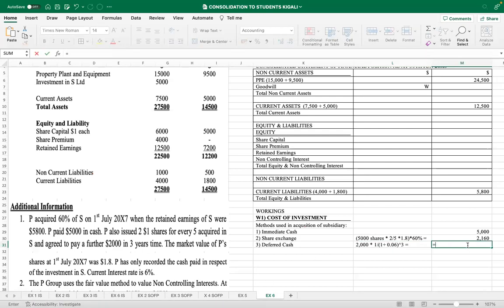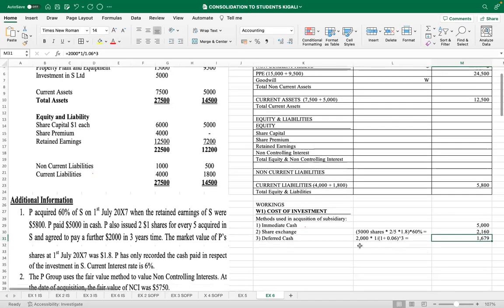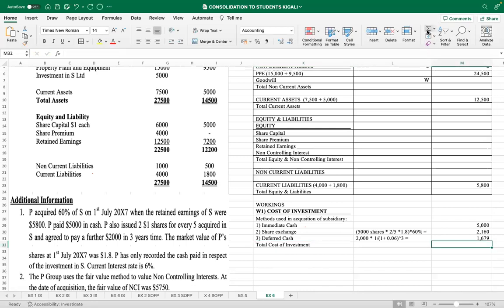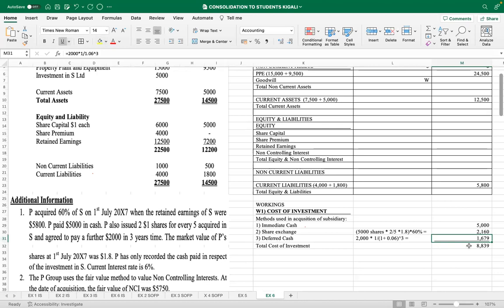So that is 2,000 times 1 divided by 1.06 raised to power 3. It gives you 1,679. So what is the total cost of investment? I just take the summation of that. So our total cost of investment, which we will use to calculate goodwill, is that.